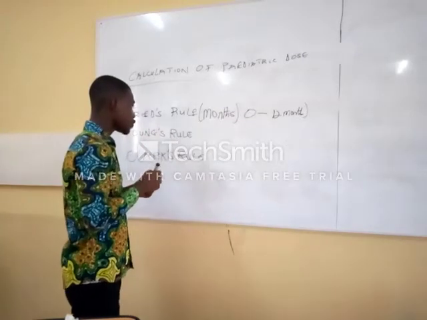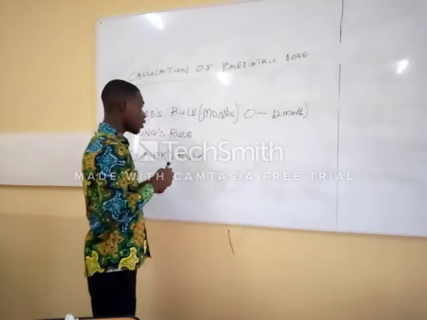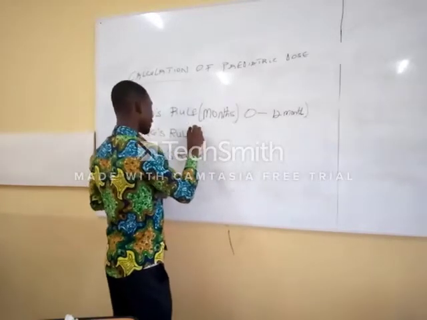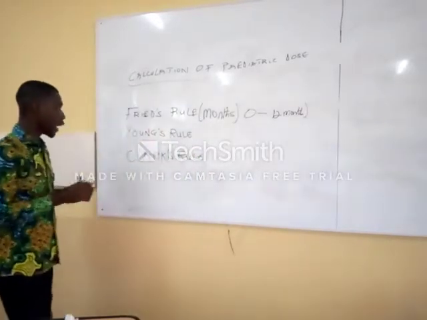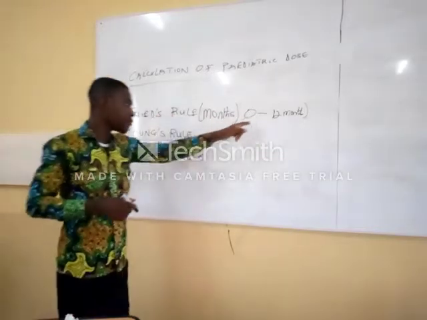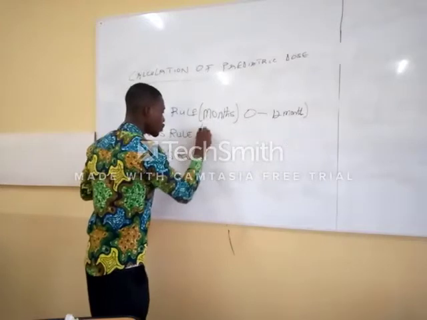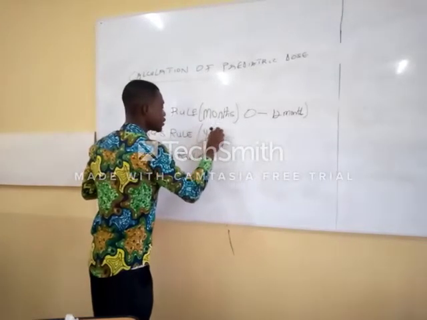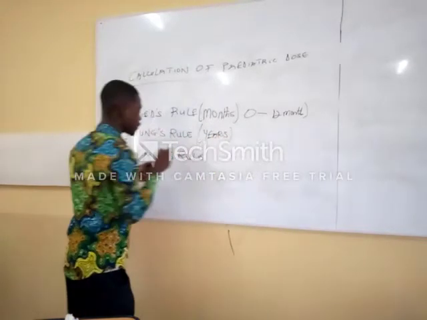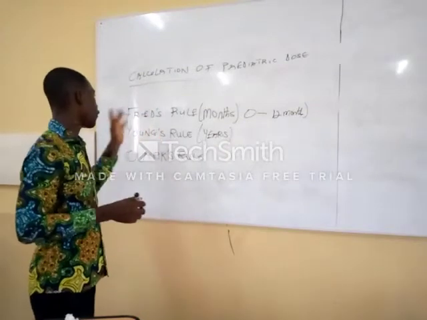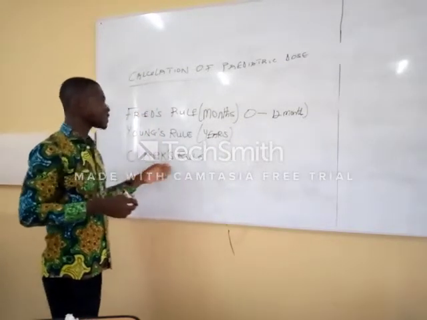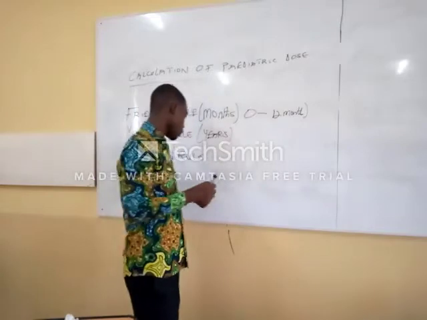And Jones' rule deals with a child's age in years. So for you to remember, Fried's rule is in months, Jones, from this word Jones, is in years. Yes, Jones in years, Fried in months, and Clark's rule is in pounds.